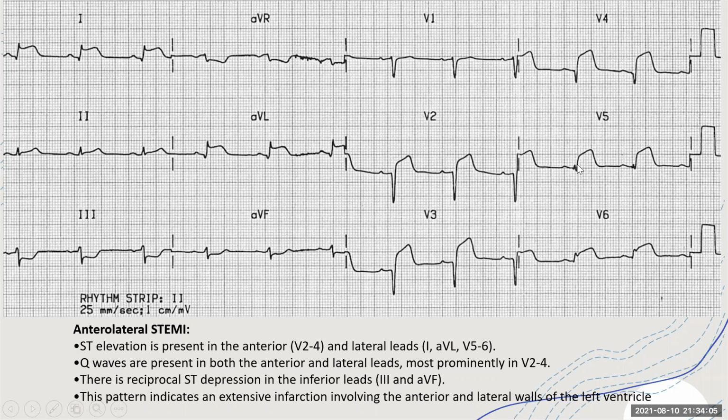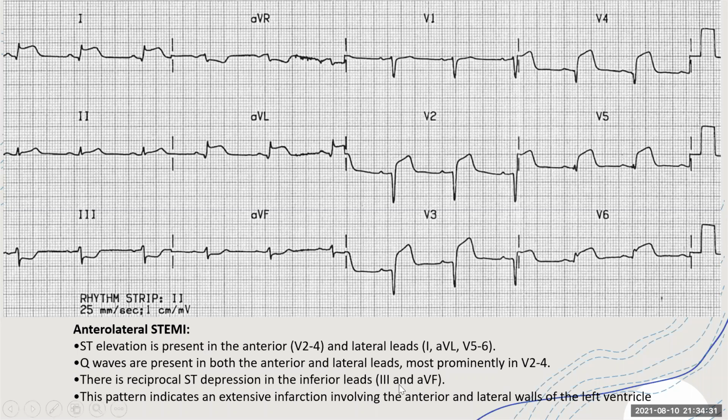The QRS is so small and the ST elevation is so big. In V6 also, the QRS is so small and the elevation is so big. Here we cannot even appreciate the QRS wave.